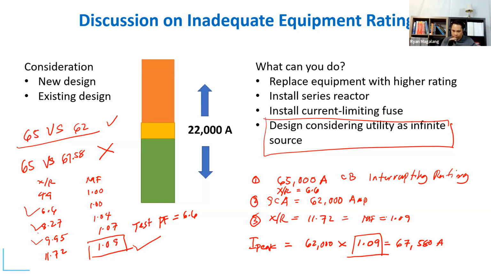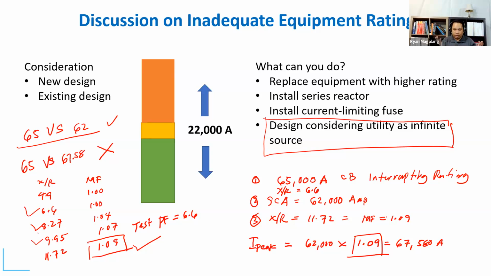We'll have to look at the asymmetrical fault level when it comes to our breakers, because again, as mentioned, during this time, these breakers are trying to interrupt a current that is actually not just consisting of your symmetrical AC, but it contains the decaying DC part.